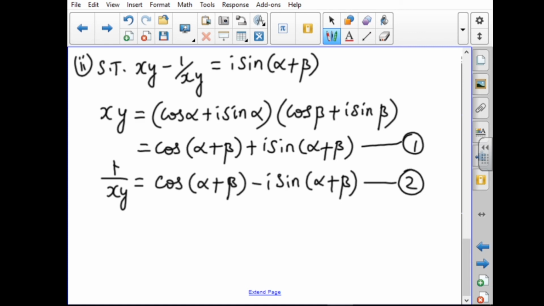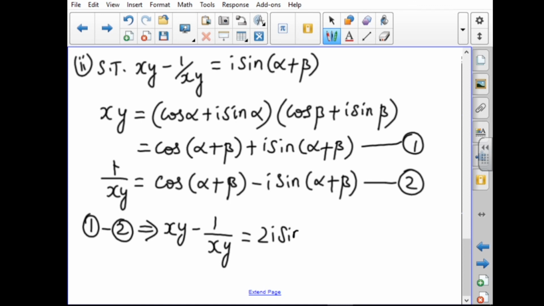To prove this, the two things should be subtracted. So 1 minus 2 implies xy minus 1 by xy. Whenever we subtract two complex numbers, cos will get cancelled and we add only sine. So 2i sine of alpha plus beta. Hence we proved the second subdivision.